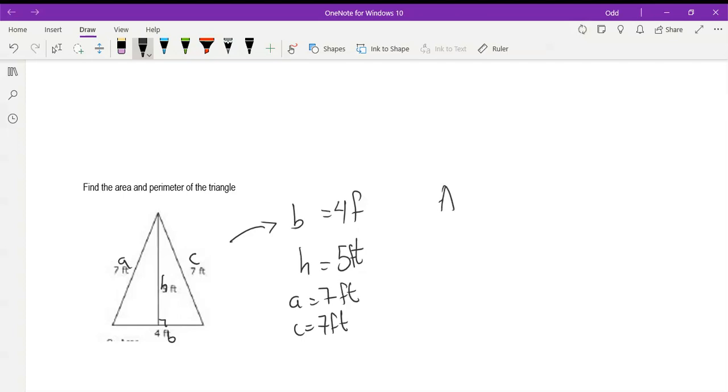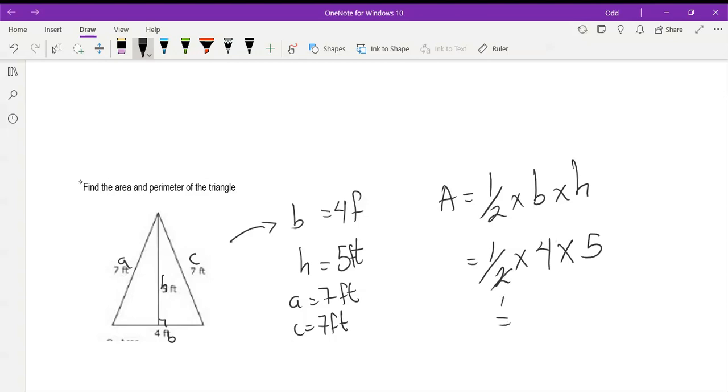The formula for the area is half times base times height. That will be half times our base, 4, times the height, 5. Half of 4 is 2, and 2 times 5 is 10 square feet. So the area of this triangle is 10 square feet.